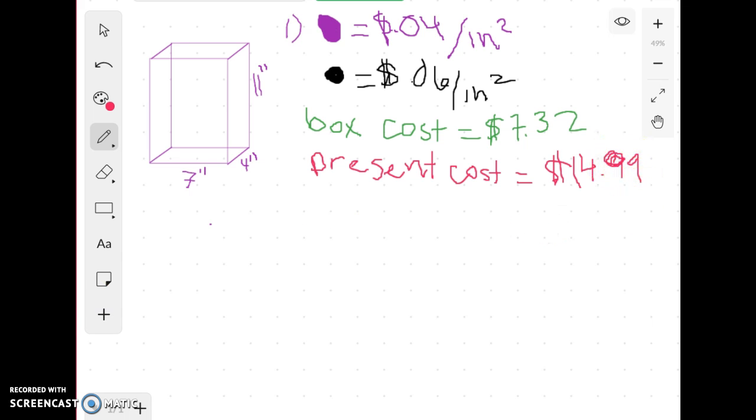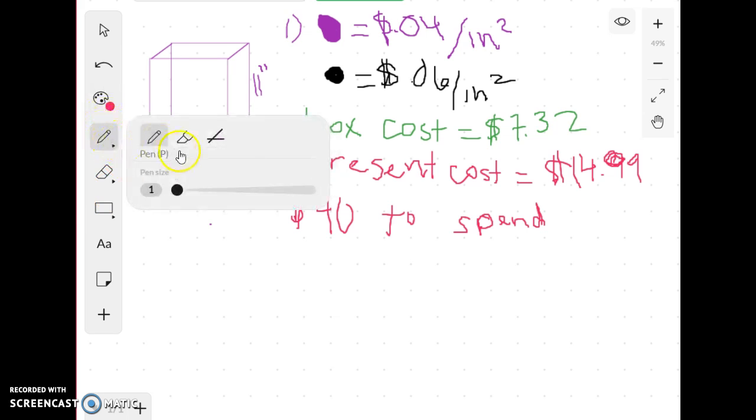Okay. And we have $40 to spend. Awesome. So we've written down everything that we know about this problem.